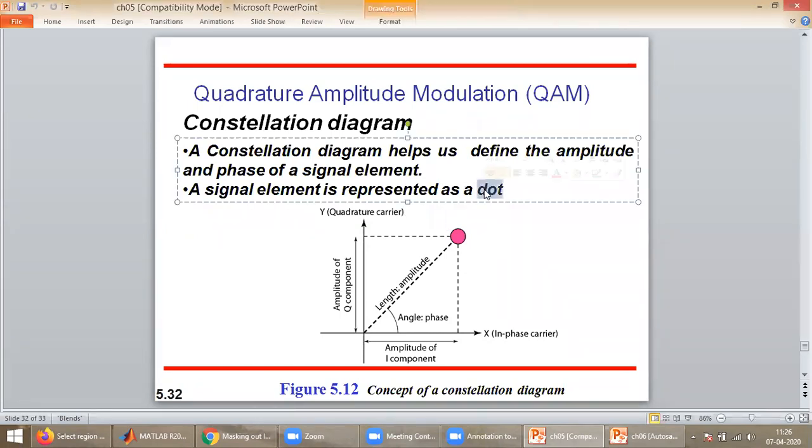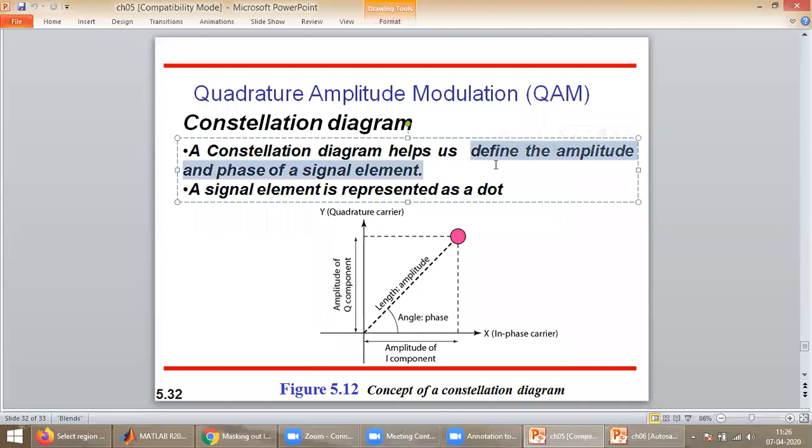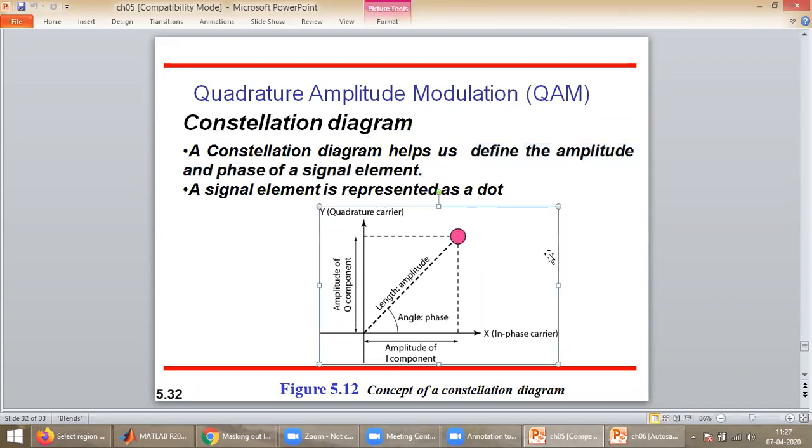Here the dot indicates the signal element. This diagram is called a constellation diagram. It defines the amplitude and phase value for a signal element.